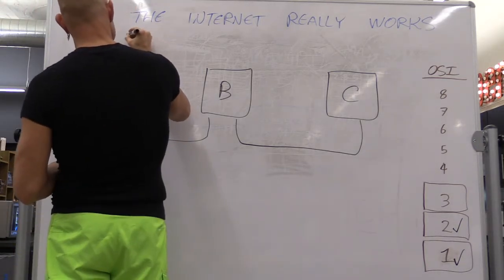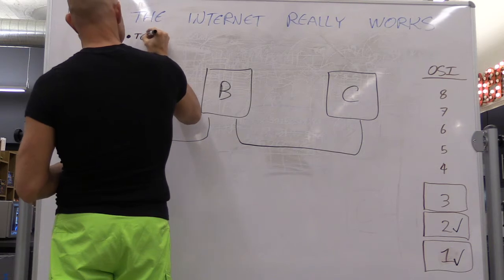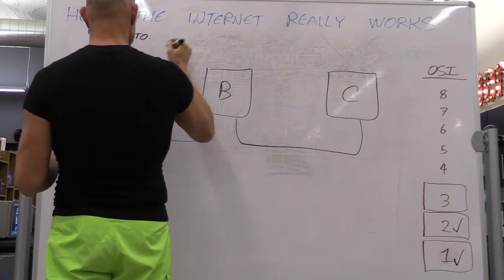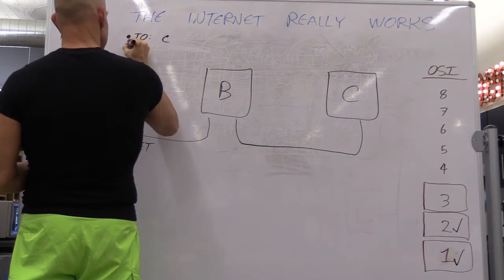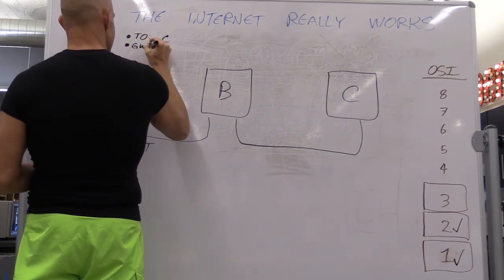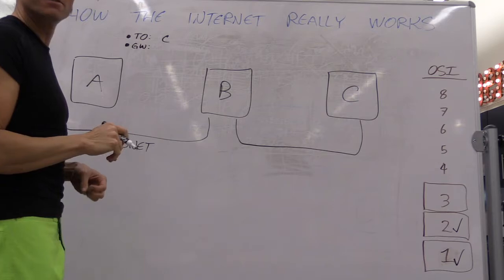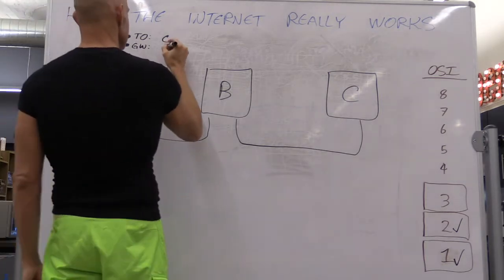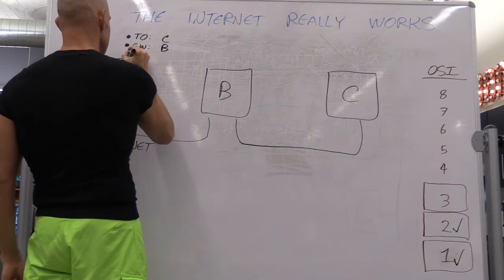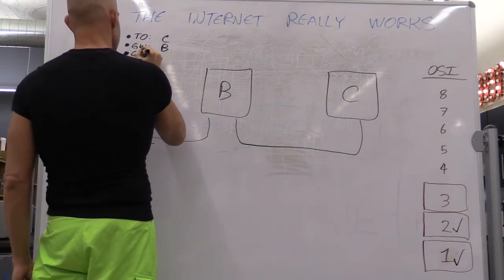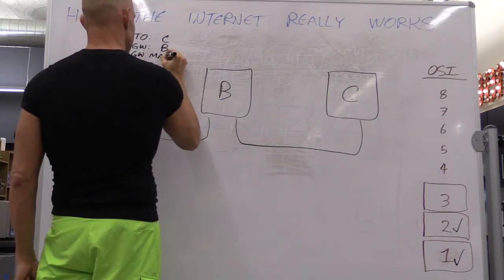It needs to know the IP address that it intends to talk to. We'll just shorthand this as C. It needs to know a gateway IP, which in this case we're going to shortcut as B, and it needs to know the gateway MAC address.